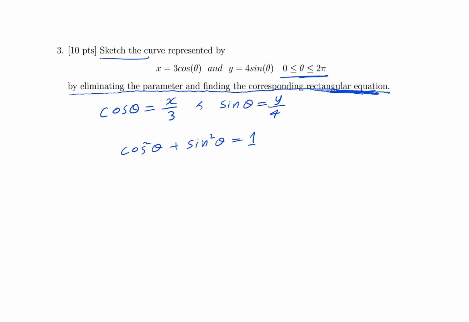Okay, so cosine squared theta, we know that is x over 3, therefore this is x squared over 9 plus this one y squared over 16, right? Because sine theta equals y over 4. So then this equals 1. Okay, so what is this? This is actually an ellipse, right?